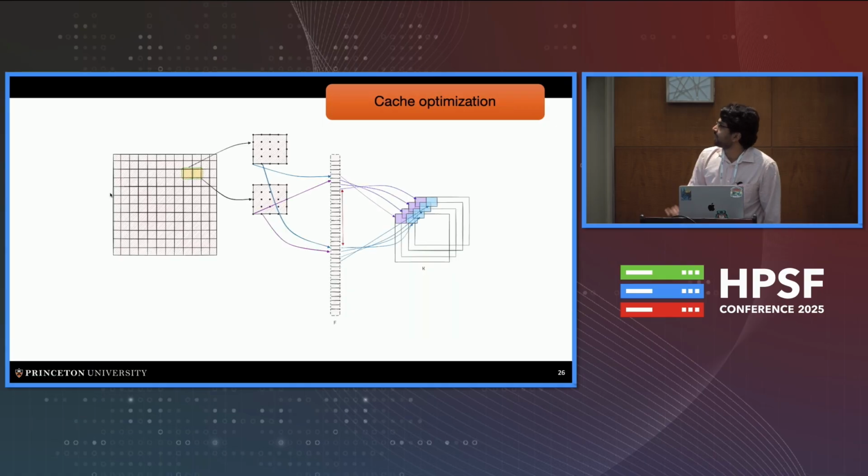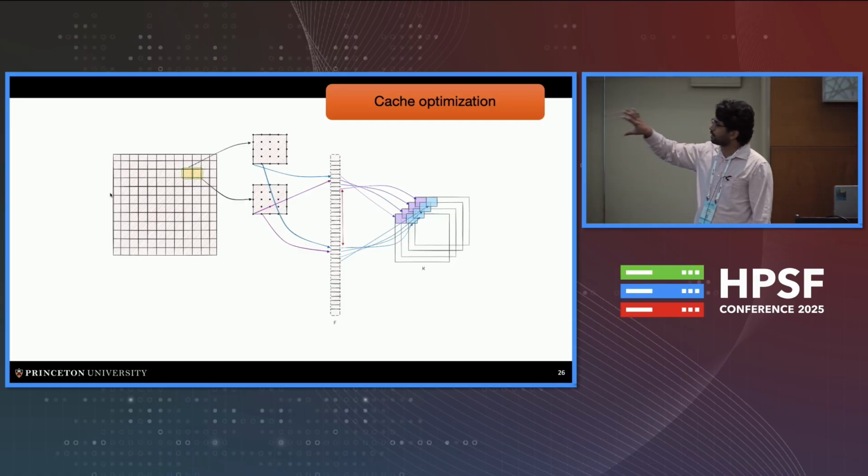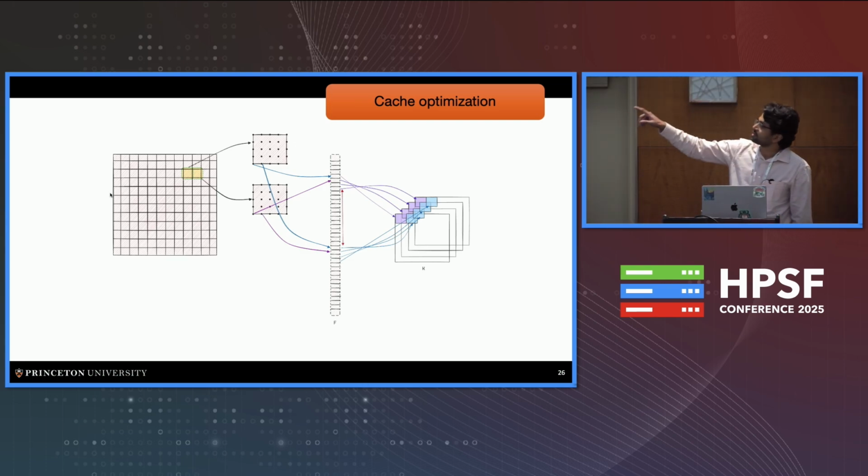Now, if I look at how my data is laid out, on the leftmost side, I have the finite element mesh. Let's consider a completely regular mesh, an easy looking mesh. And let's take the two elements right next to each other, n and n plus 1.